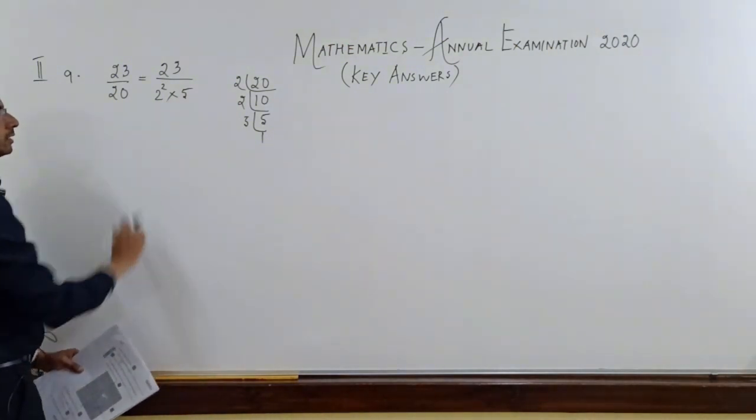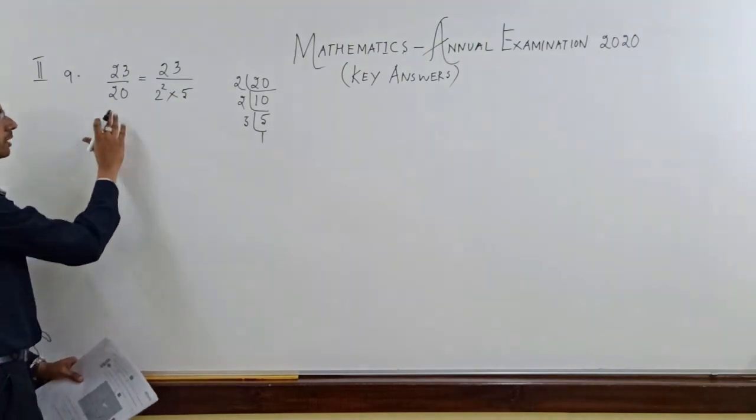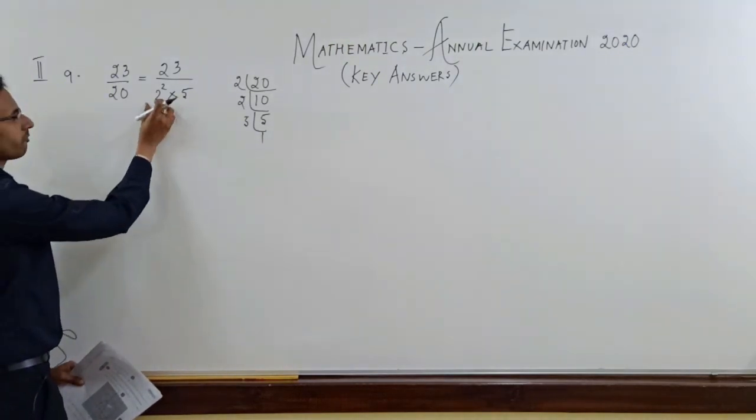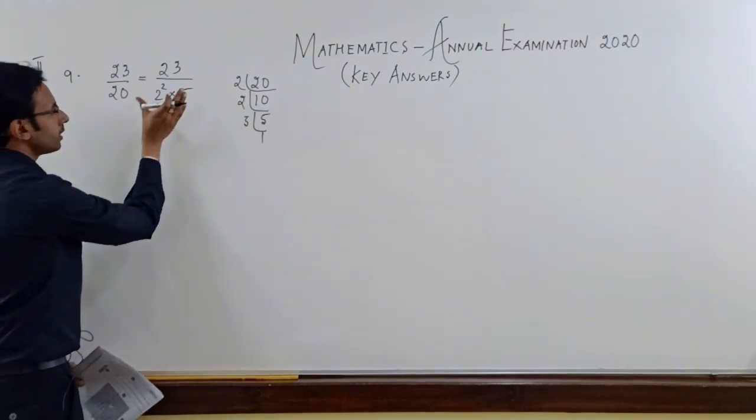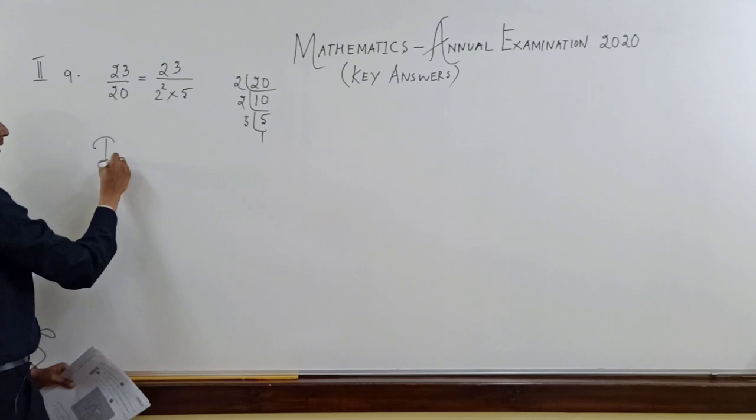So once you have done this, you are supposed to say whether this fraction is terminating or non-terminating. From chapter number 8, real numbers, we know that if the denominator can be written in the form of 2 power n into 5 power m, then we can say that the given fraction is a terminating decimal expansion.